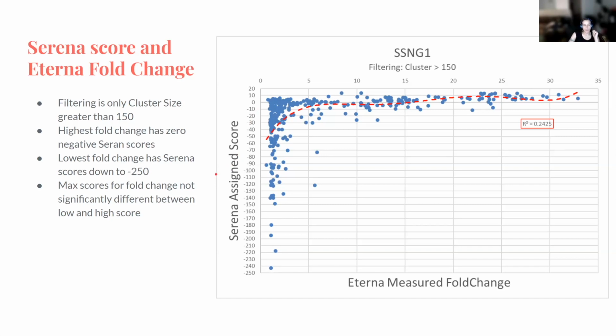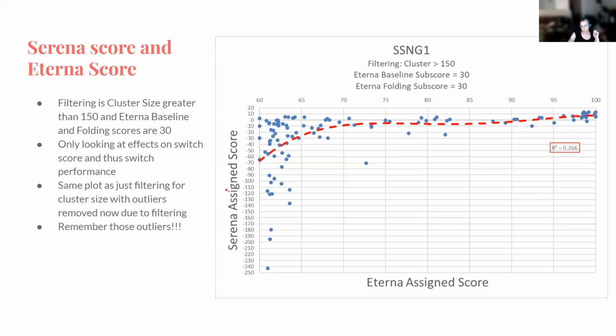And so I originally thought this was a FoldChange detector, is what I designed it as. But then I noticed that it's not as good with FoldChange as it is with other stuff. And so I started looking at some more filtering, and I was like, you know what? What if I take out a lot of variables, a lot of variations, like clean it up, and I go, okay, what is it only doing when it switches?